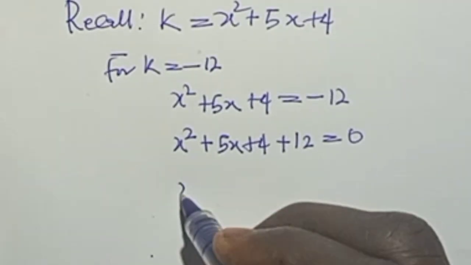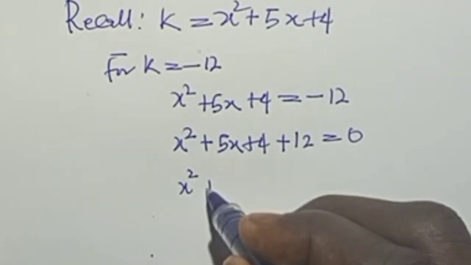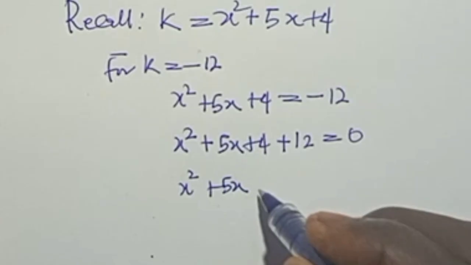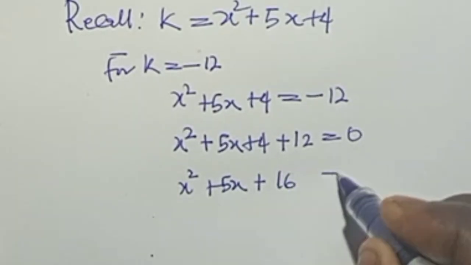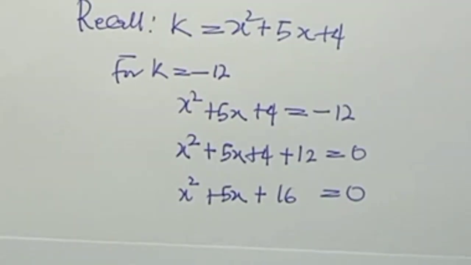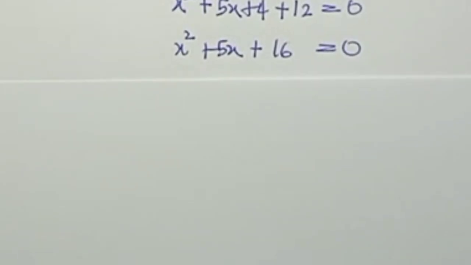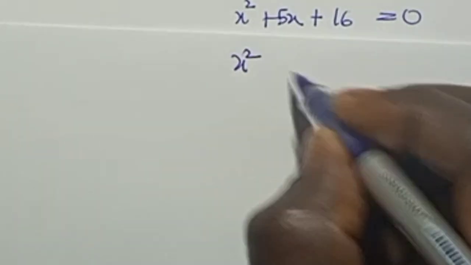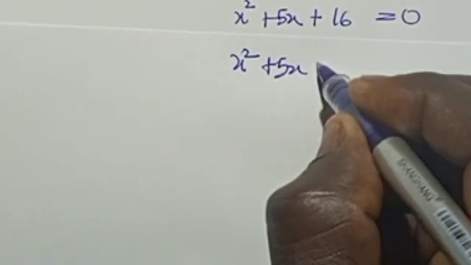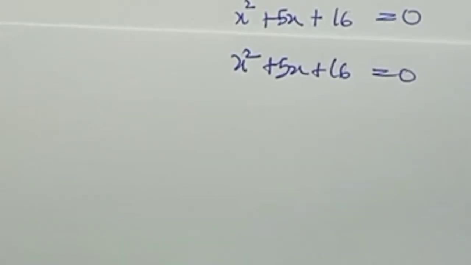And this means x squared plus 5x plus 16 is equal to 0.